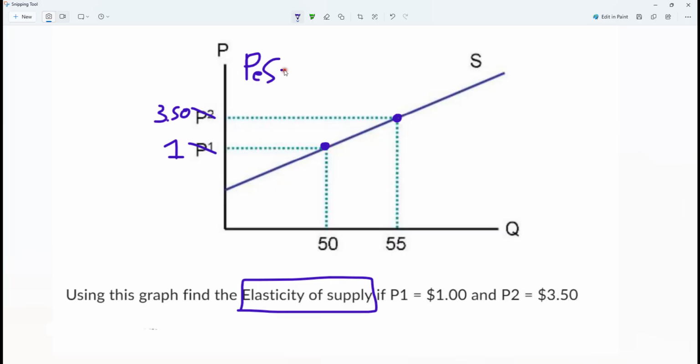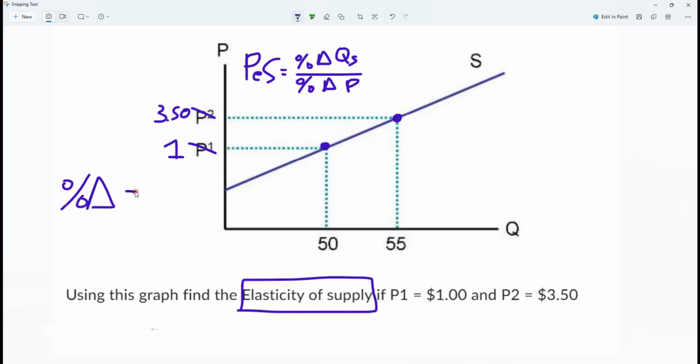Price elasticity of supply is the percentage change in quantity supplied over the percentage change in price. Now, whether you're using the midpoint method or not matters just in the formula that you use.